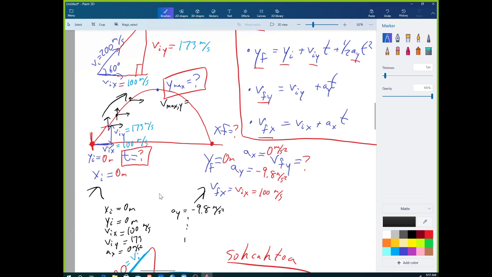Anybody? Do you remember what the y component was at the top of the path? It's not 173, right? Nope, that was just initially. That was just right here. It was 173. Okay.